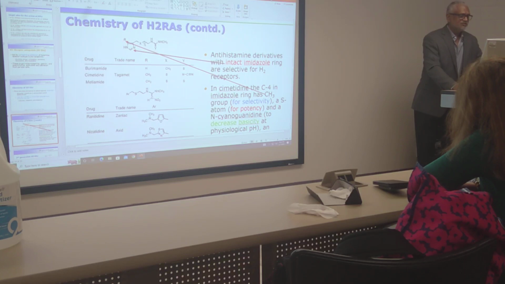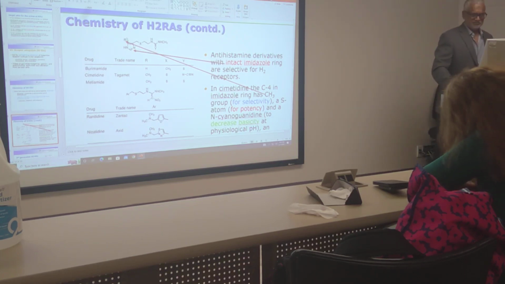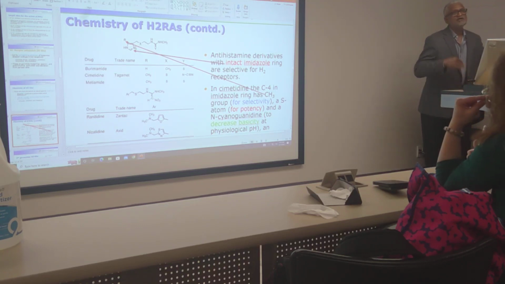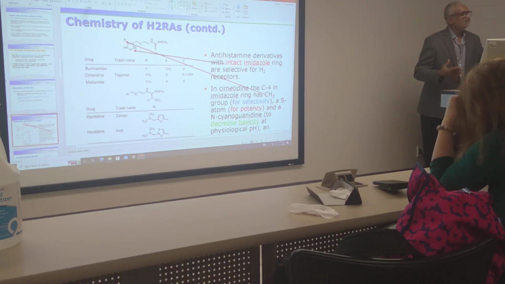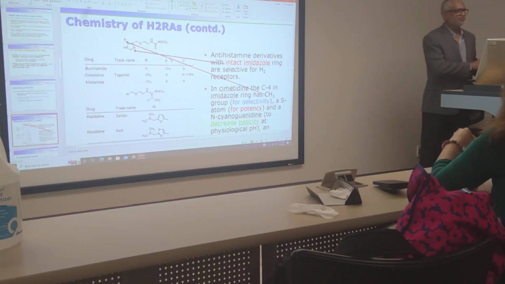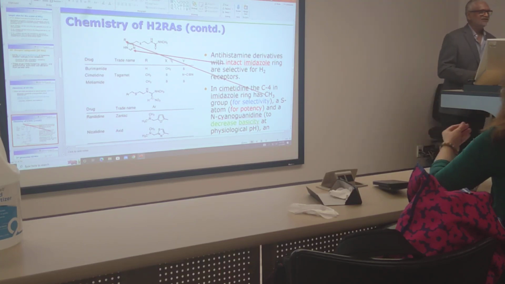Any modifications at regions like R must keep the imidazole intact, which is important for histamine to act on the H2 receptor. Of course, it will also act on the H1 histamine receptor.